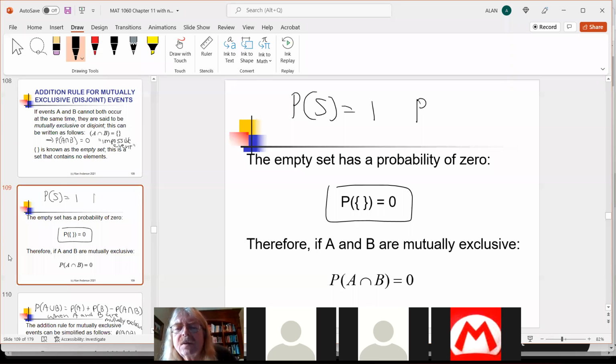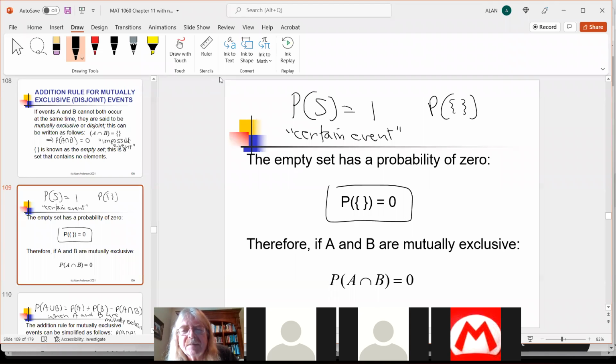So these are 2 important results that you need to know. The probability of the sample space is 1, and this is known as a certain event. Whereas the probability of any set that is the empty set is 0. We call that an impossible event.